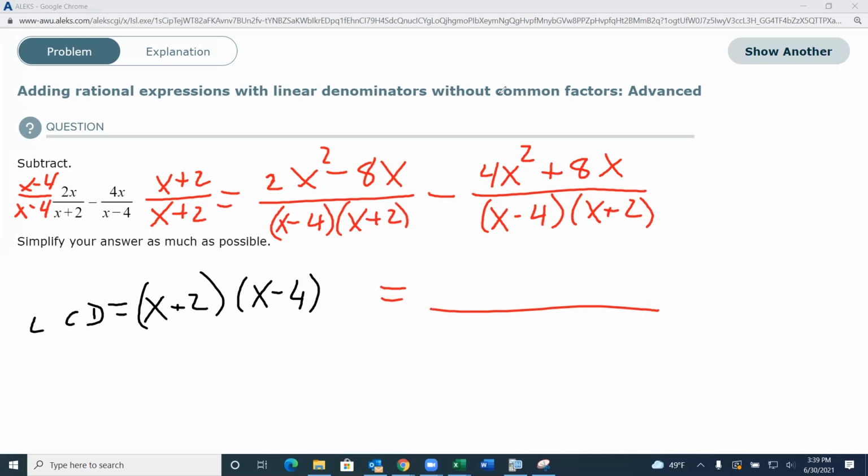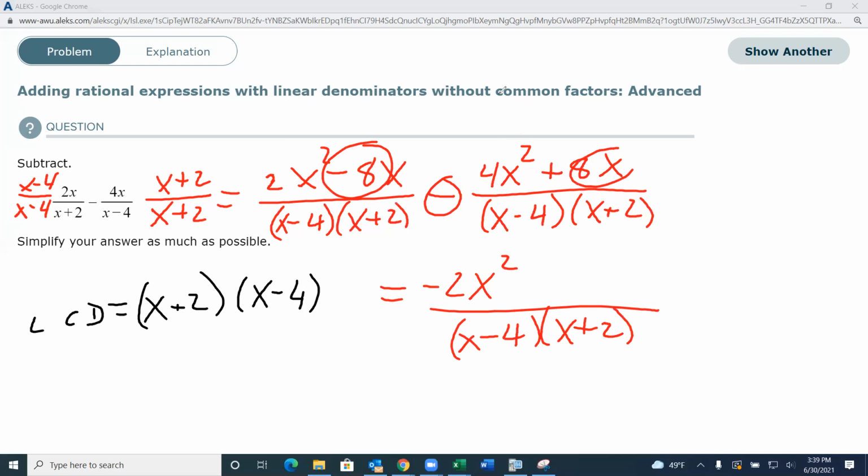So in the numerators, we've got 2x squared minus 4x squared is minus 2x squared. We've got minus 8x minus 8x, which is minus 16x.